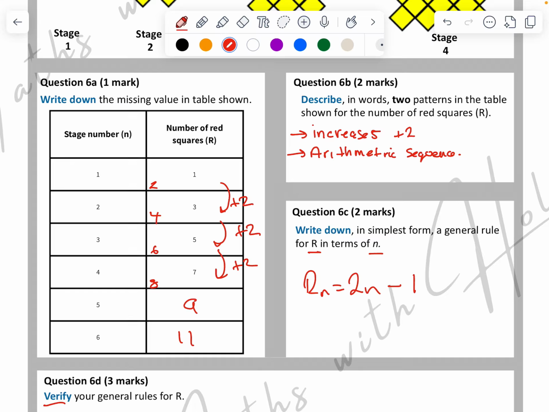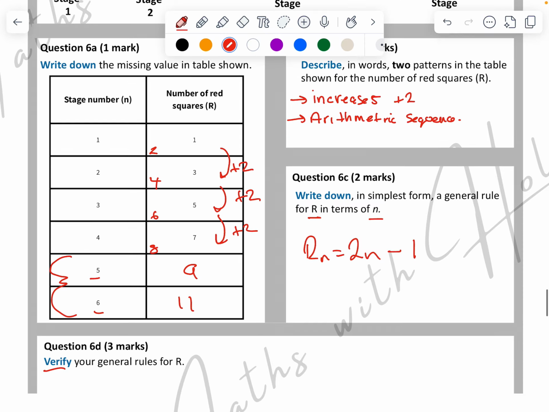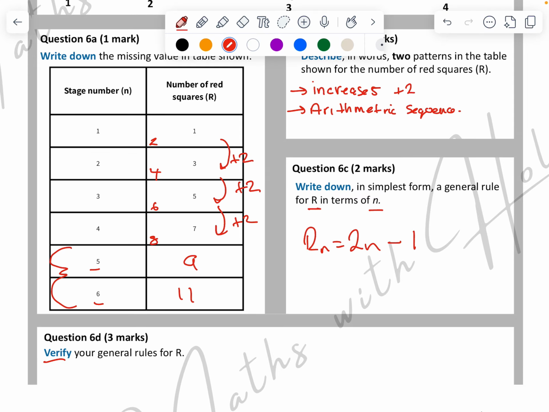We're going to verify this rule. What does verify mean? Verify means you either substitute in 5 or 6. Okay, I'll do both just to show you. So n equals 5. So 2 times 5 minus 1 equals 9. That works. Or n equals 6. 2 times 6 minus 1 is 11.